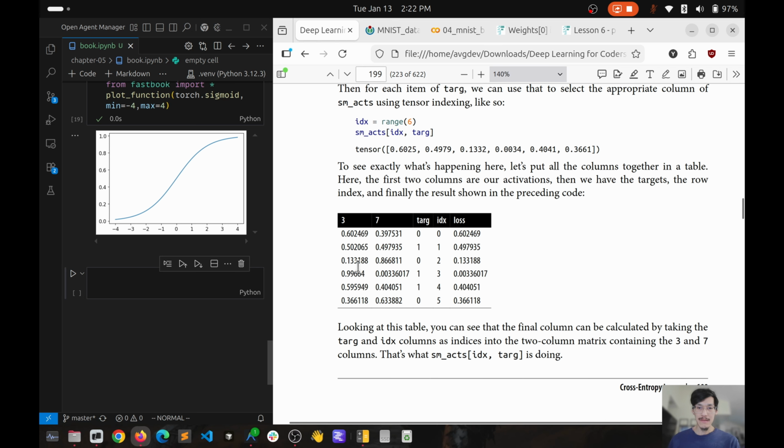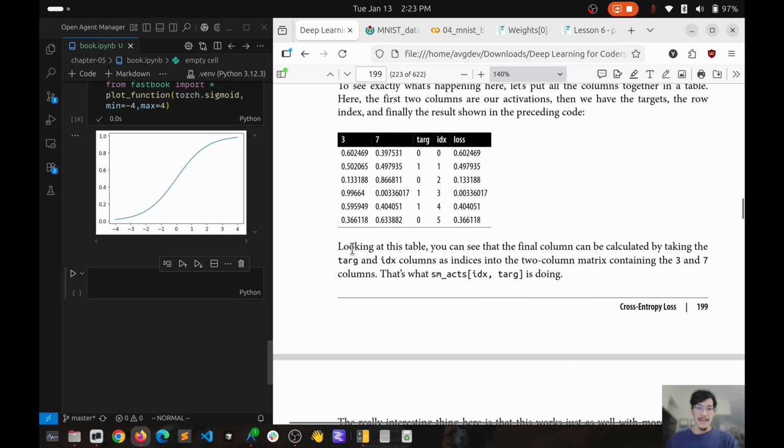Okay, so then if 3 is 0.1 and 7 is 0.8, but the target is 0, then we're going to have to take this one here. So if 3 is 0.99, 7 is 0.0033, but the target is 1, it's going to be 0.033. Okay, that makes more sense.